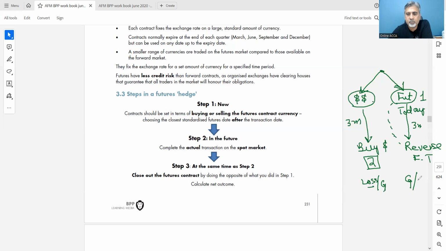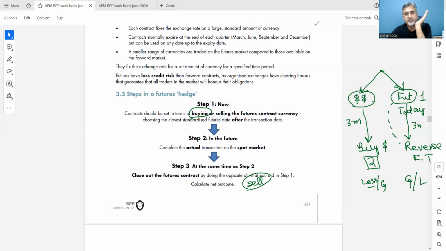If you made a gain here, you will make a loss there. So this is what happened. Probably you have done buying the future. If you have bought the future, here you will sell the future. This is a contract to buy, and then you will sell the future so that you can settle it out.